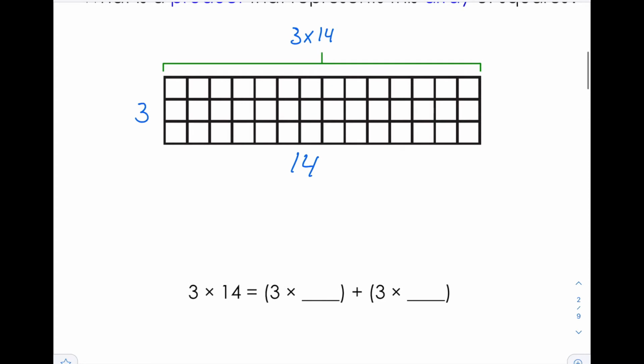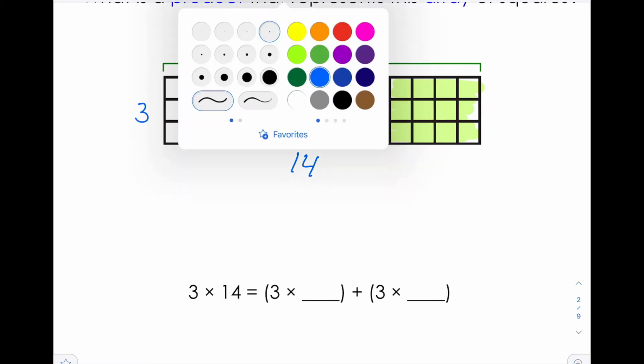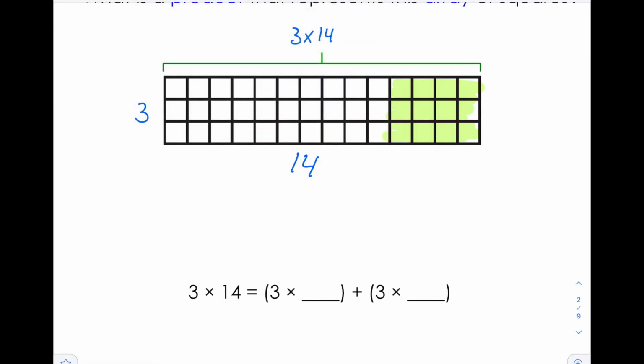Now we can break this down. Since most of us can't do 3 times 14 in our head, we're going to break it down into 2 easier multiplications. If we take and highlight this portion of the array, we have now broken it down into 10 columns here and 4 columns here.